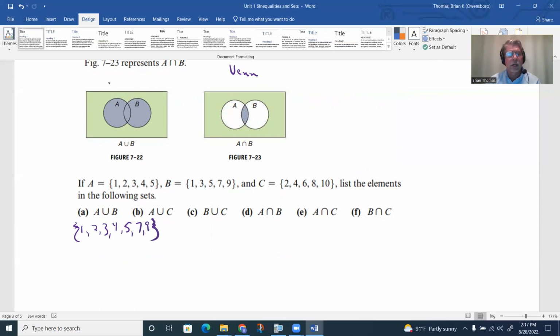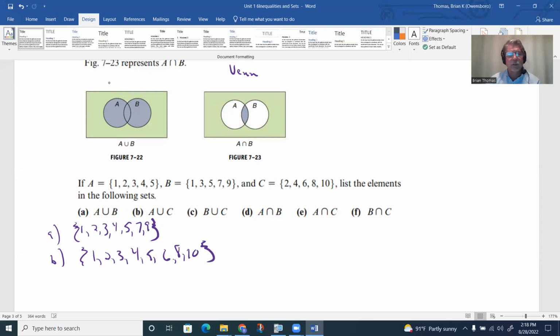So that would be A union B. So A union C would be combining set A with set C. A union C means we have 1, 2, 3, 4, 5, and 2, 4, 6, 8, 10. So we'd have the set of 1, 2, 3, 4, 5, 6, 8, and 10.